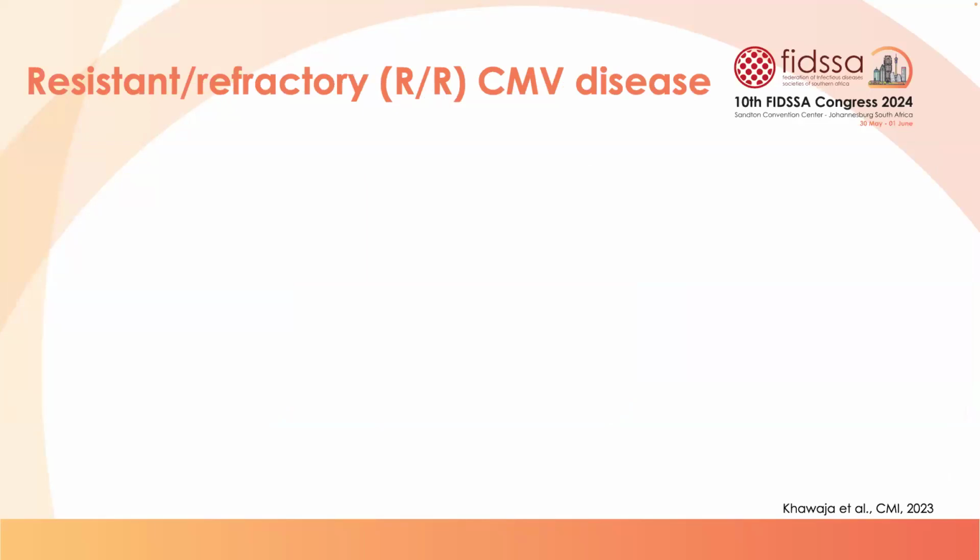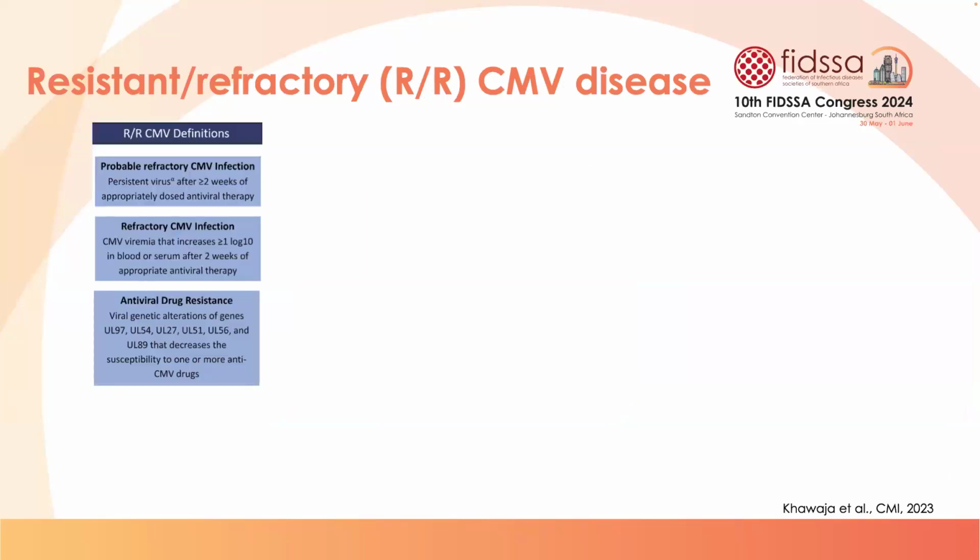So resistant or refractory CMV disease. You may think that someone has probable refractory CMV infection if there's persistent virus after at least 2 weeks of adequate antiviral therapy. The actual definition would be a CMV viremia that increases by a log in blood or serum after 2 weeks of appropriate therapy.